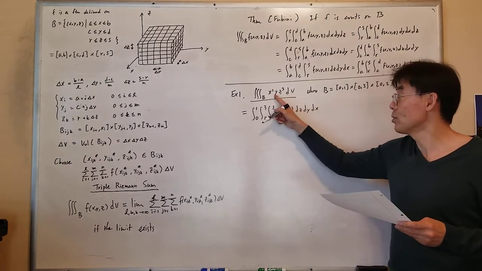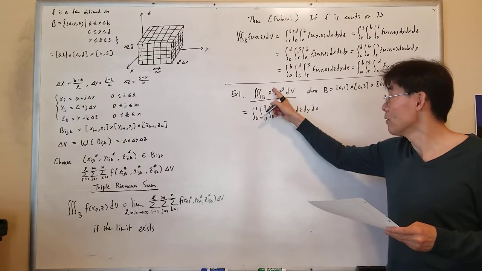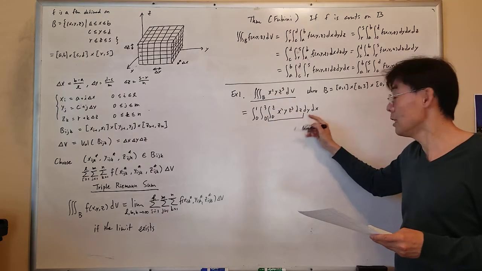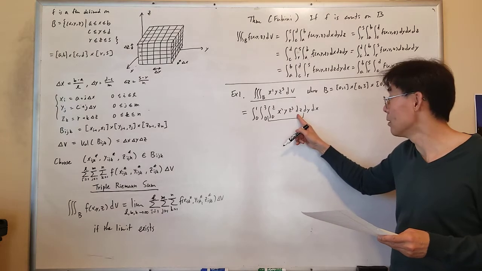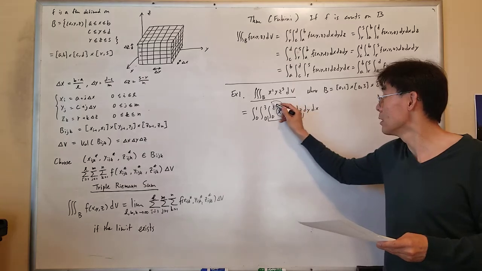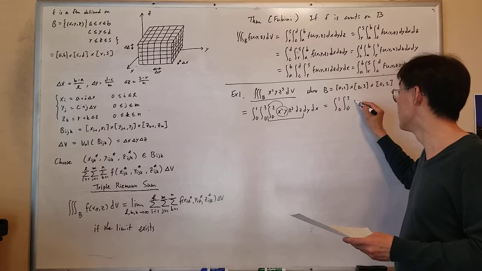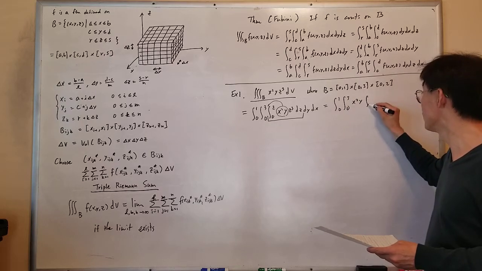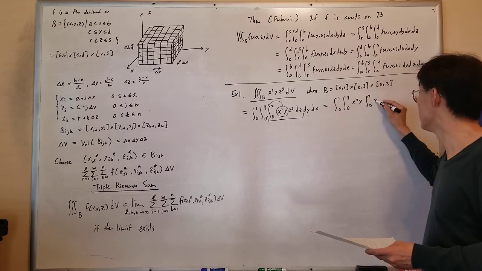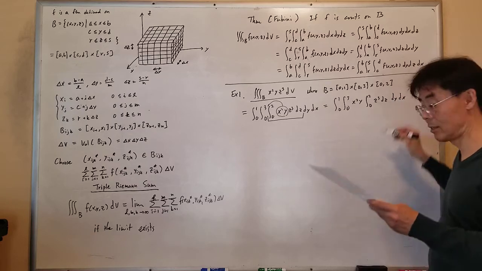Now, when your function is separated by multiplication, a function of x only, a function of y only, a function of z only, then in the innermost z integral, x squared y acts like a constant. So you can take it out of the integral, right? And then you have from 0 to 2, z to the third dz, and then dy dx.